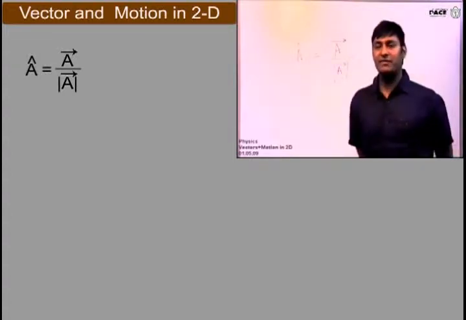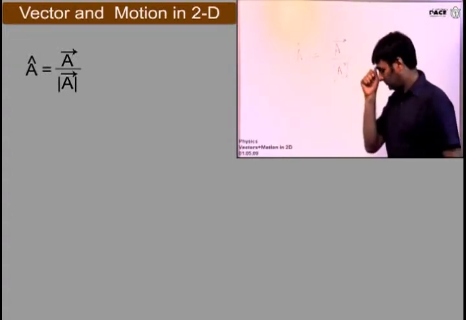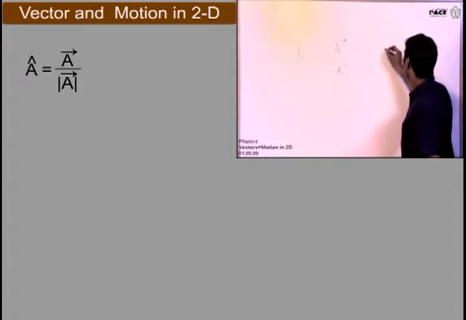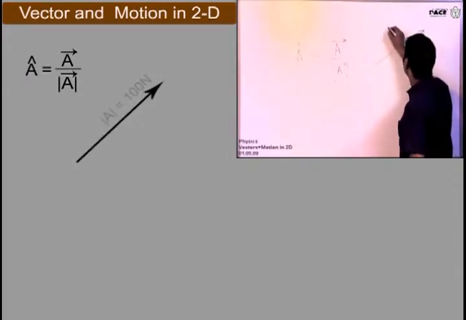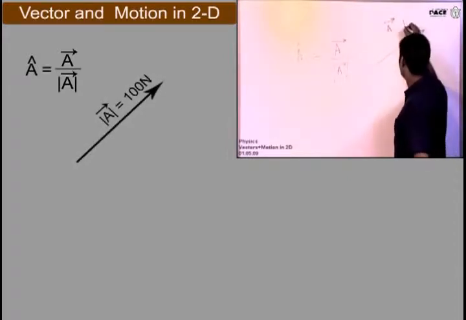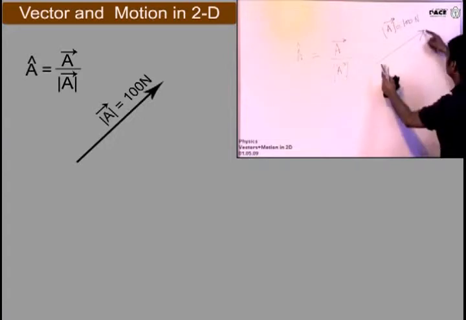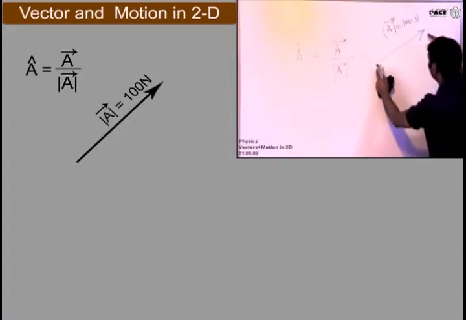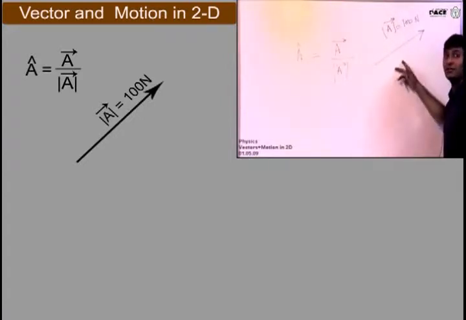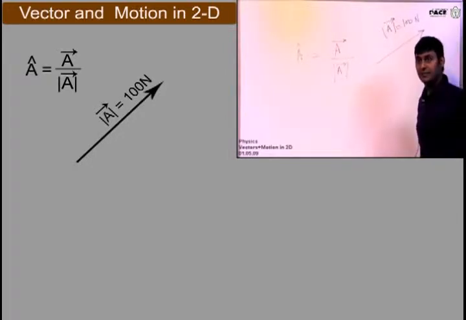If suppose I have any vector A, this is a direction, this is a vector A. Magnitude is 100 Newton. Now this vector is having, say, 10 centimeter length. ध्यान से देखिए.